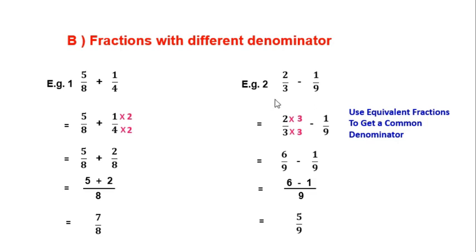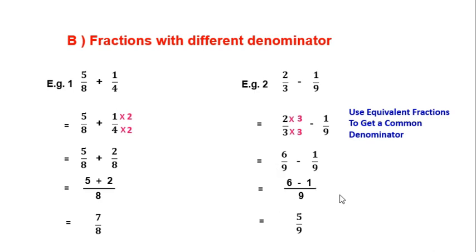See example 2. The denominator of this fraction is 3 and this one 9. We can select 3 and, using equivalent fractions, we can multiply by 3. So we will get another equivalent fraction, 6/9. Now we have a common denominator.